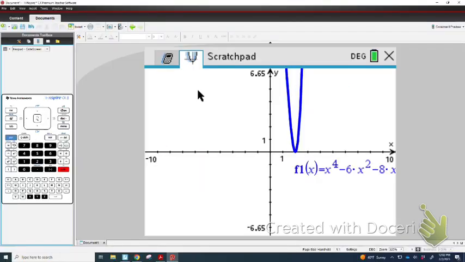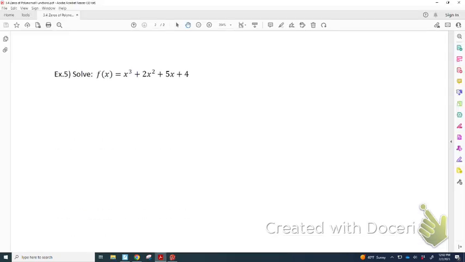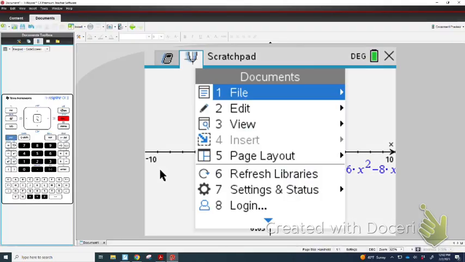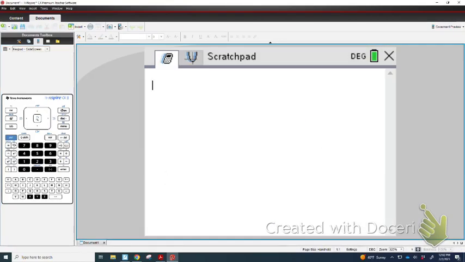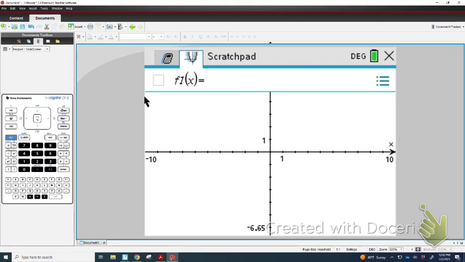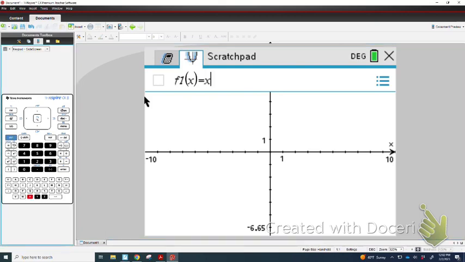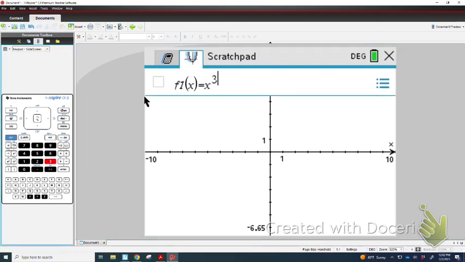All right? So let's do one more, number 5. And I'm going to start with the calculator. So I'm going to type that in there. Doc B, we'll wipe that out. And we have x cubed plus 2x squared plus 5x plus 4.